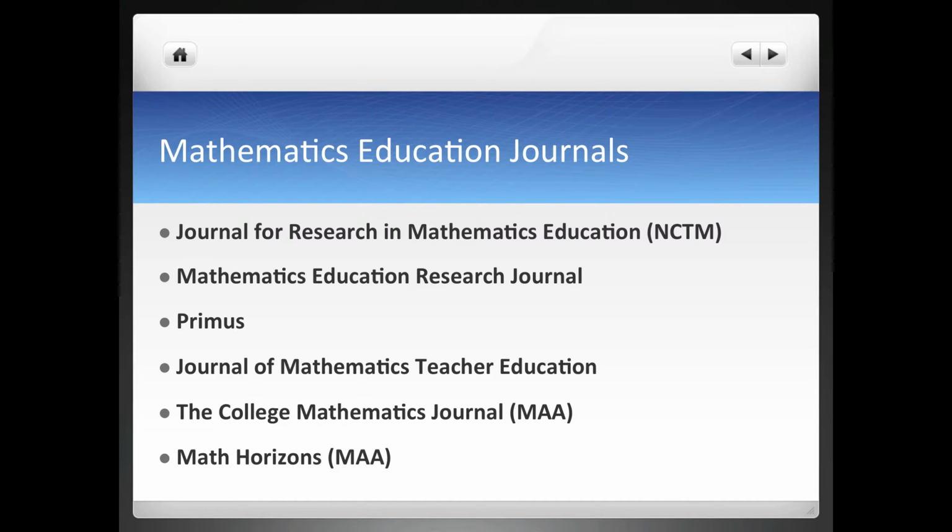Math Horizons has all kinds of cool activities, and maybe you can look at an activity and think, how could that be used in the context that we're seeking in this class. So, for the most part, you probably focus on the first three: the Journal for Research in Mathematics Education, Mathematics Education Research Journal, and Primus.